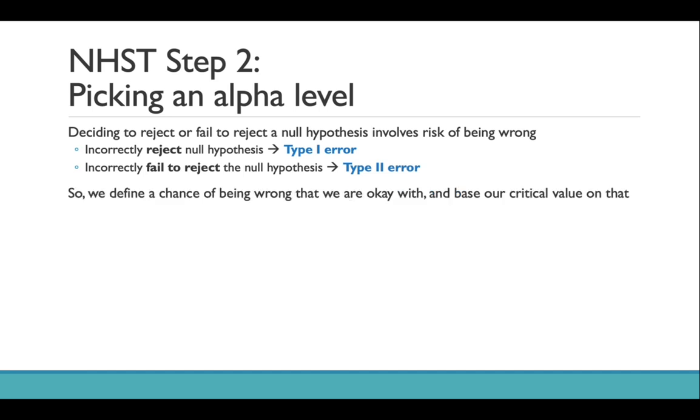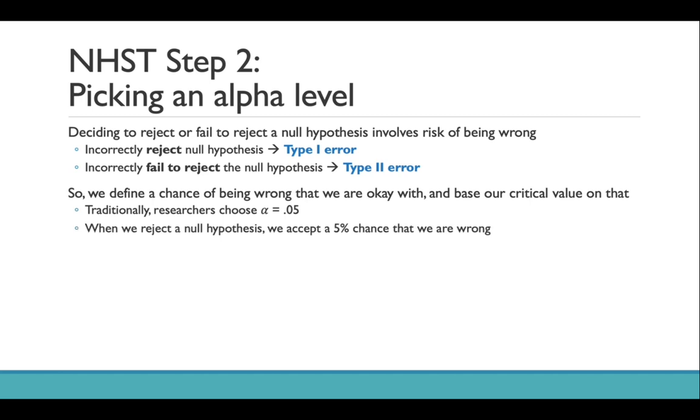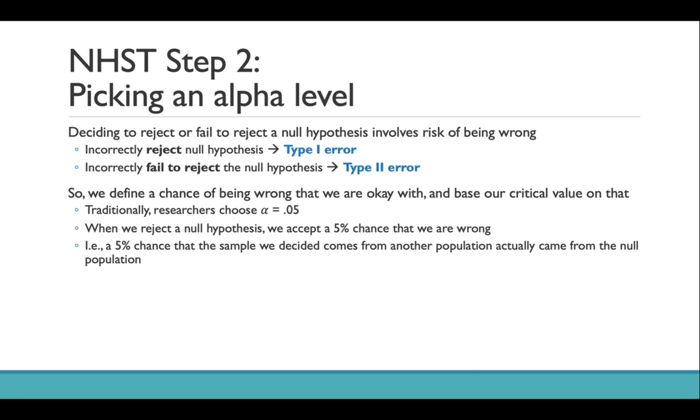To deal with this issue, we define a chance of being wrong that we're okay with and base our critical value on that. Traditionally, researchers in psychology use an alpha level of 0.05 as a common rule of thumb. When we reject a null hypothesis at an alpha level of 0.05, we accept a 5% chance that we're wrong. In other words, there's a 5% chance that the sample we decided comes from another population actually came from the null population.